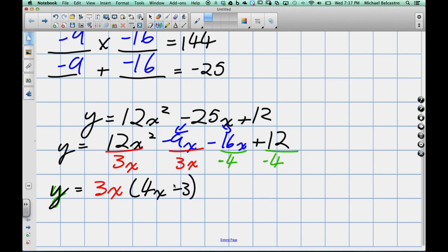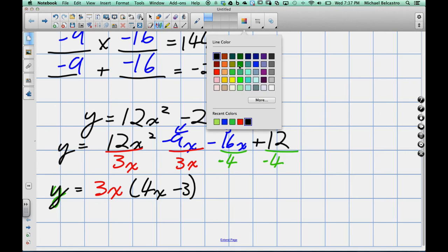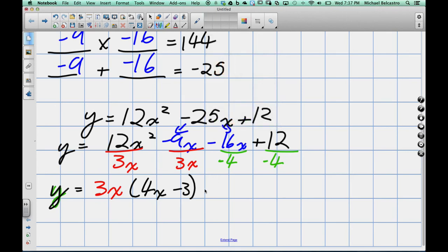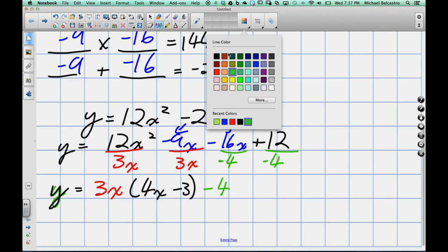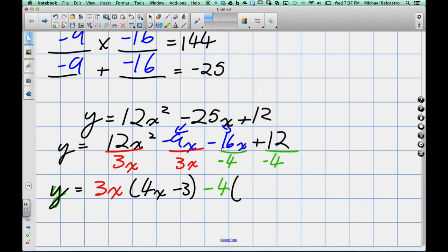So that's what would have been left after we divided those two terms by 3x. In our other pair, we took out negative 4, our common factor. Negative 16 divided by negative 4 is positive 4, and there's nothing to get rid of the x, so the x stays. And positive 12 divided by negative 4 is negative 3.